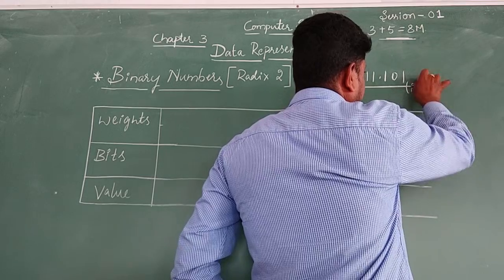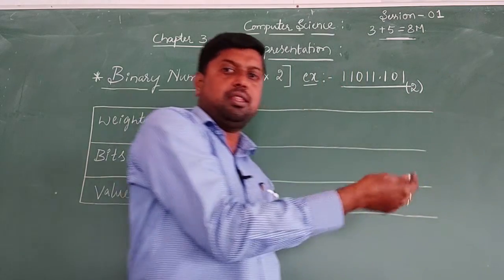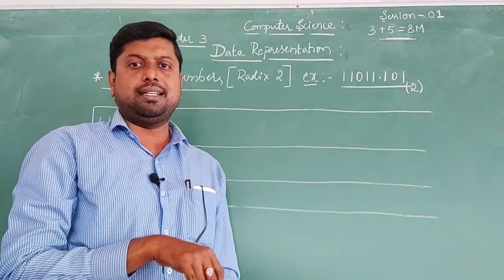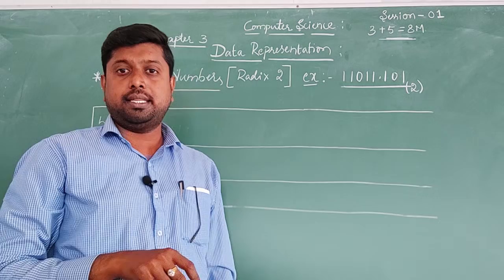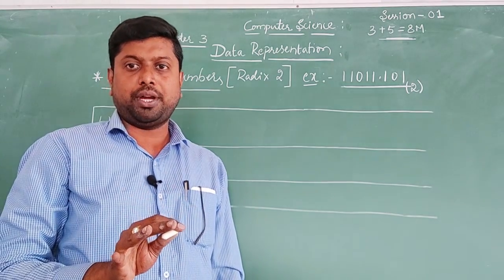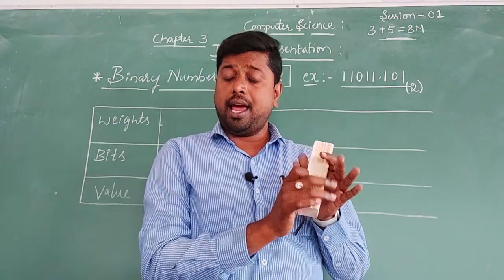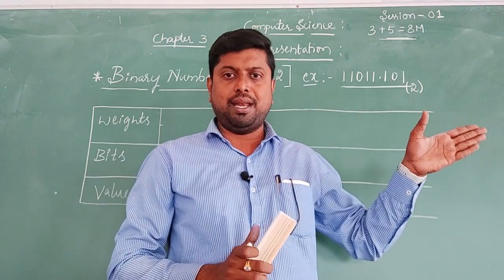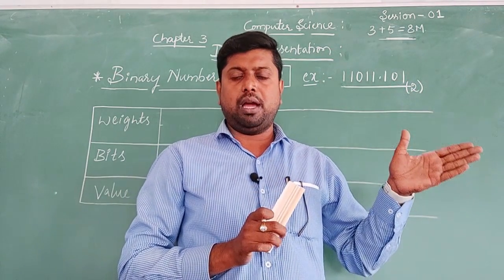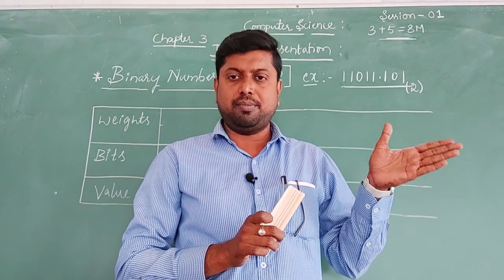See here, this is a binary number. Now I want to convert that binary number into its decimal value. I will use the same method as in the decimal numbering system for the binary numbering system also.